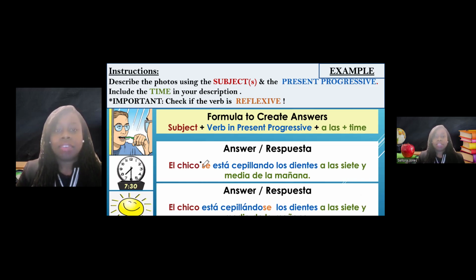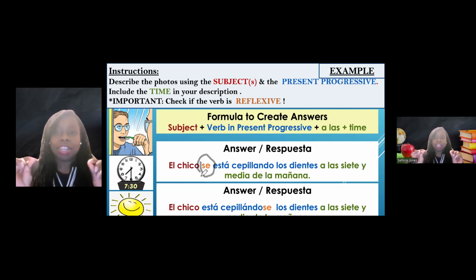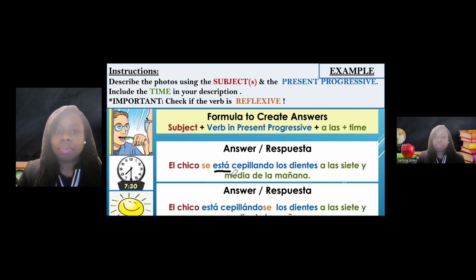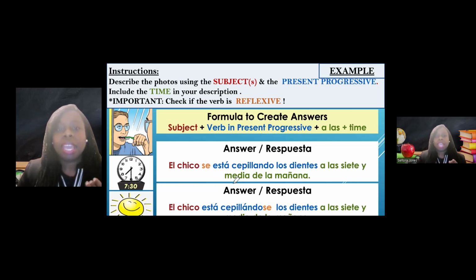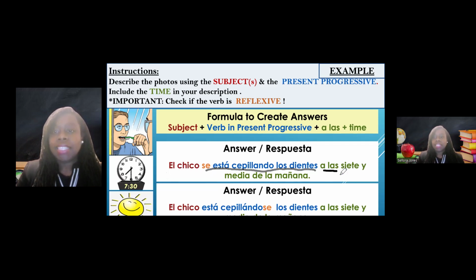Now, as you all know by now, that reflexive pronoun se can either go in front of our conjugated verb or attached on the end of a present participle, and we do know that rule applies to infinitives as well, okay? And it translates as the guy or the boy. You could have put el hombre. There are different options for the subject as long as it's logical. Here, I chose to use el chico.